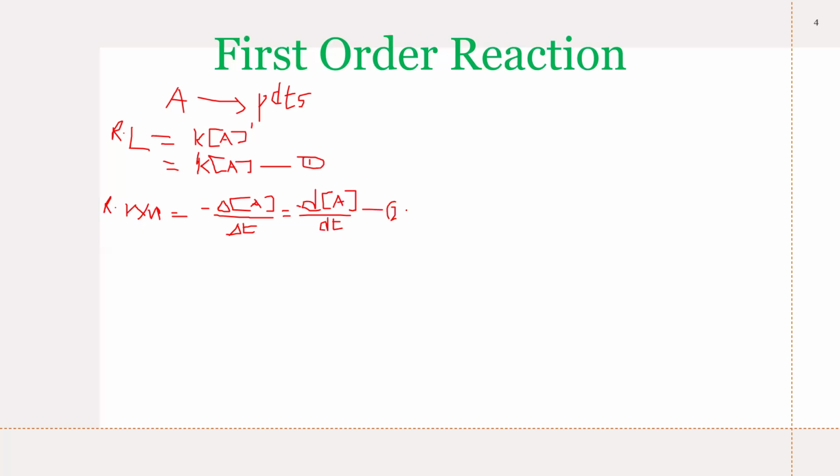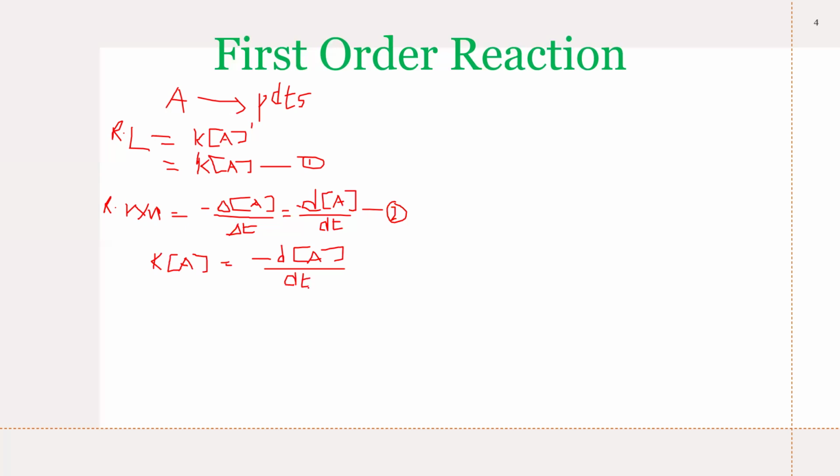Now if we assume that the rate law and the rate of reaction are the same, we will get the same value. Then we can equate equation 1 to equation 2. So if we equate 1 to 2, we have the rate constant times the concentration of A equal to negative d of A with time. Now what we need to do is group like terms.